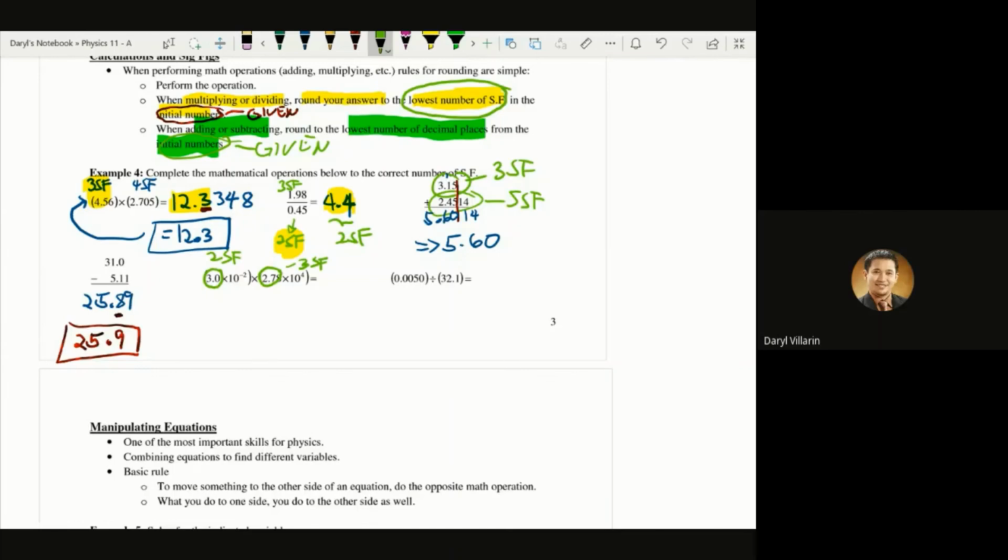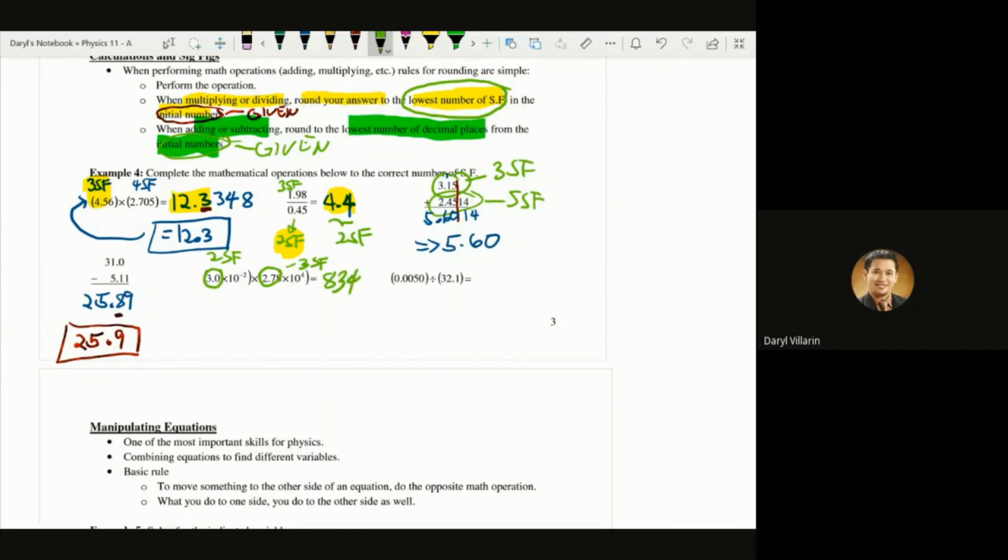So if you're gonna multiply this in your calculator, your calculator has an option to express it in scientific notation. Maybe some calculators will give you the value itself, 834.